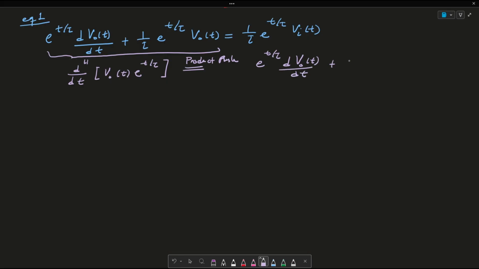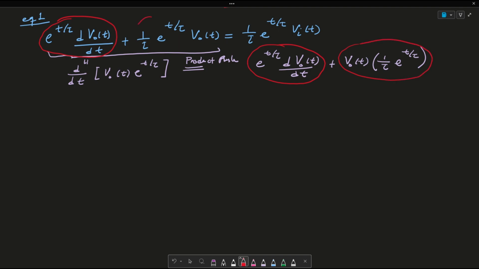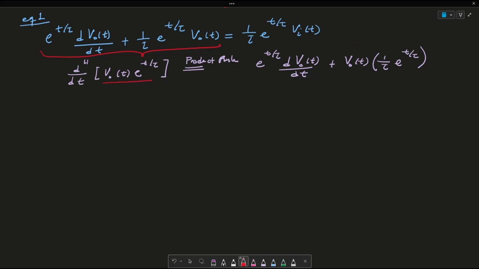Then I add to this: I leave Vout(t) alone and take the derivative of my second term, e^(t/tau), so that derivative is 1 over tau e^(t/tau). As you can see, this term is the same as this term, and this term is the same as this term. As a result, I have proved that this whole term is simply the derivative over time of Vout(t) e^(t/tau). I hope this step makes sense.